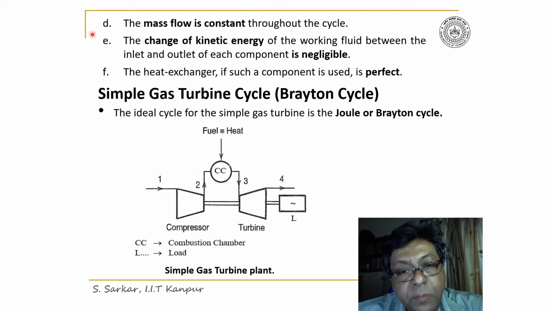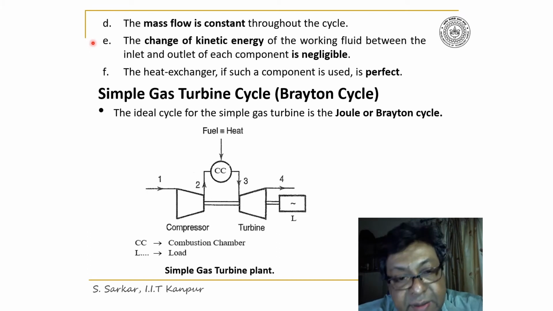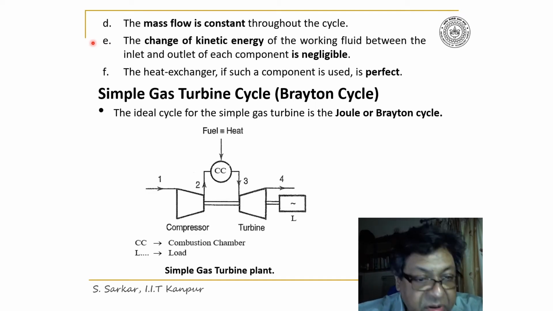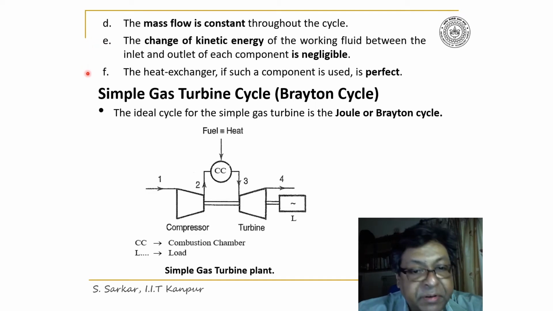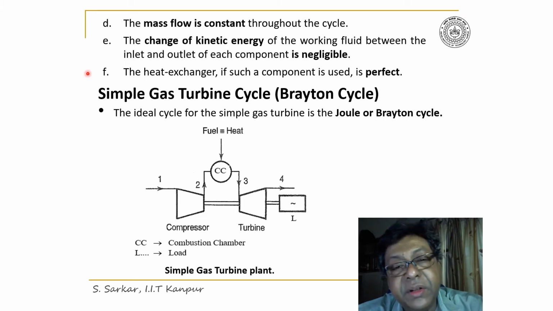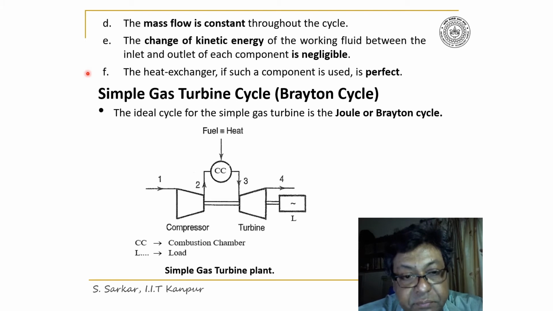The change of kinetic energy of the working fluid between the inlet and exit of each component is neglected. Further, if the heat exchanger is used, it is considered perfect. So these are the assumptions for an ideal cycle.